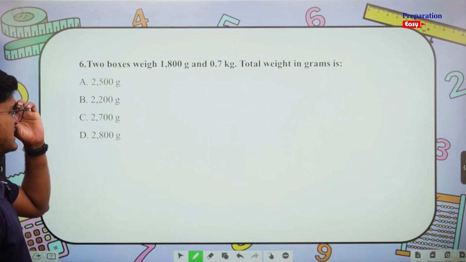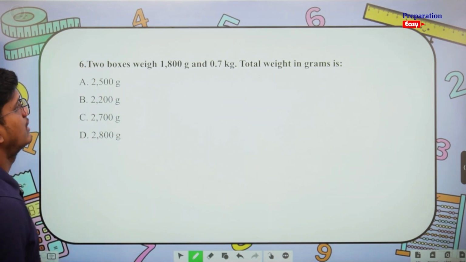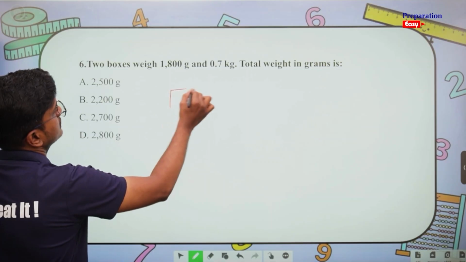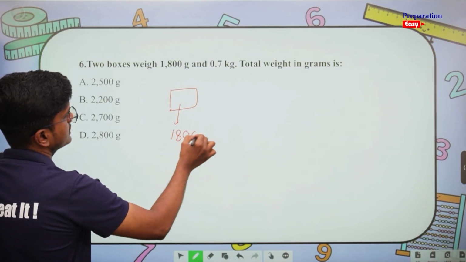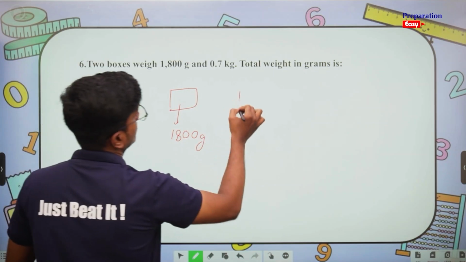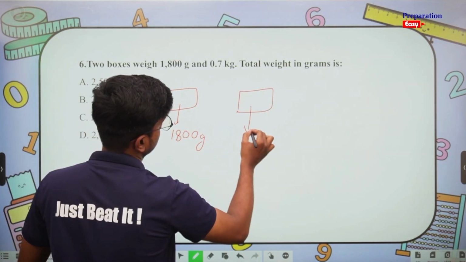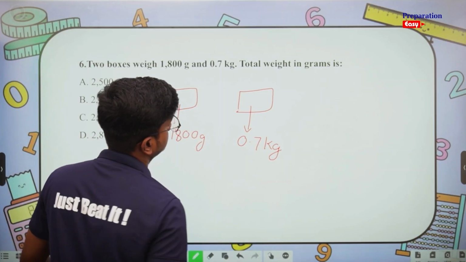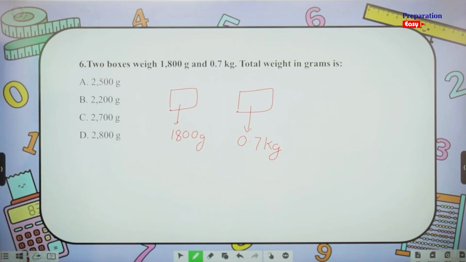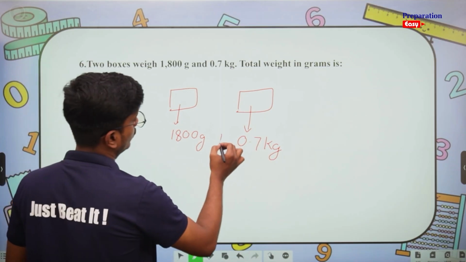2 boxes weigh 800 grams. Okay, there are 2 boxes. Now this box weighs 1800 grams, and another box weighs 0.7 kg. So the total weight in grams is, we have to combine the total weight.